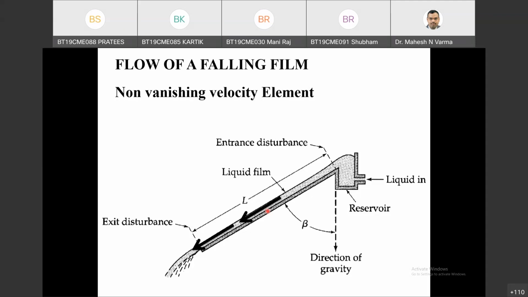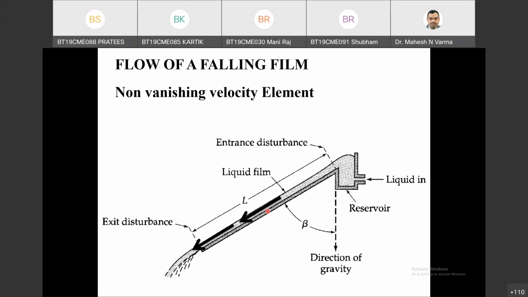So have you heard of a cyclone separator? Yes, sir. Okay. So to solve the flow through a cyclone separator, you will be needing multiple coordinate systems.